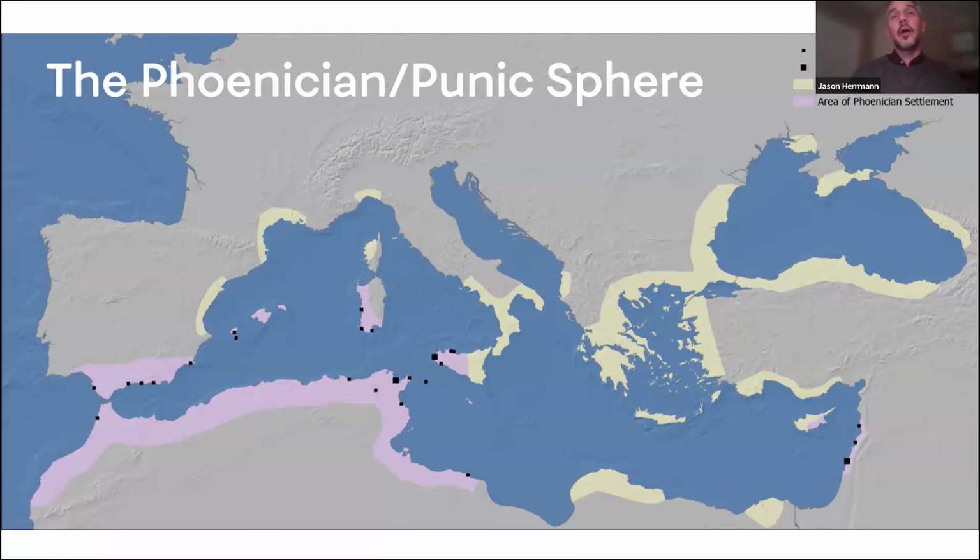What I have marked here are the locations of important Punic cities in black. Some of them even face the Atlantic Ocean, as you can see in Lixus and modern-day Carthage over here on the left.